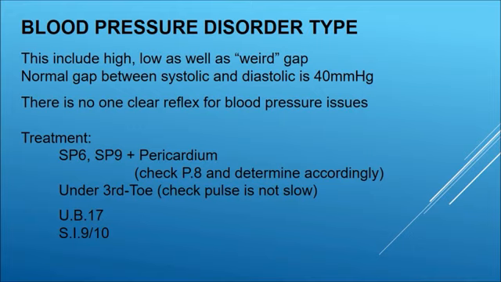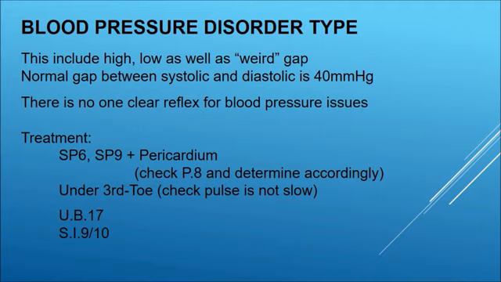The treatment for blood pressure types is under the third toe, the point that is under the third toe where the toe meets the ball of the foot in the center of the crease. Then spleen 6 and spleen 9, with spleen 9 being needled upwards towards inner knee eye, and pericardium, meaning check pericardium 8 on each side.